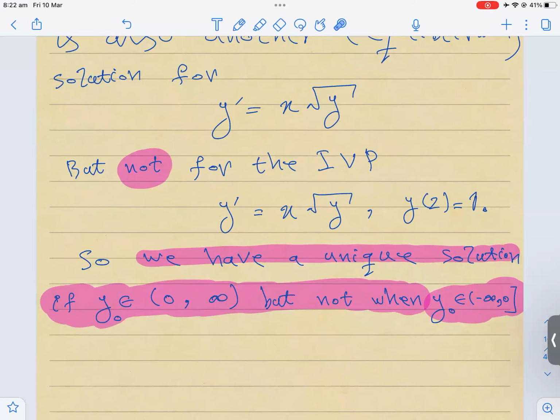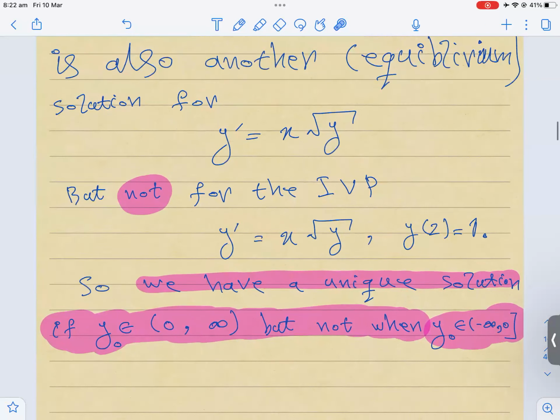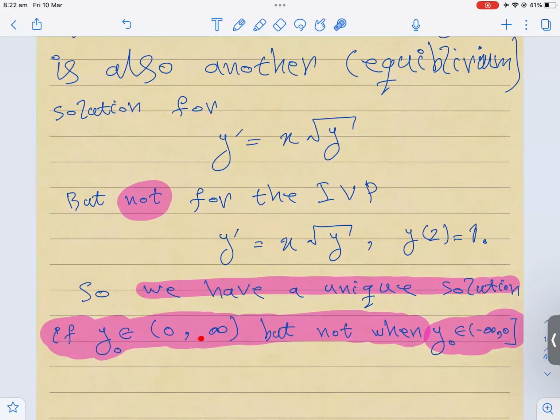Anyway, maybe I forgot to say something about here. But anyway, so at this branch, 0 to infinity, we have a unique solution. But when y belongs to minus infinity until 0, and 0 is included, we don't have a unique solution. We have a solution, but we don't have a unique solution.